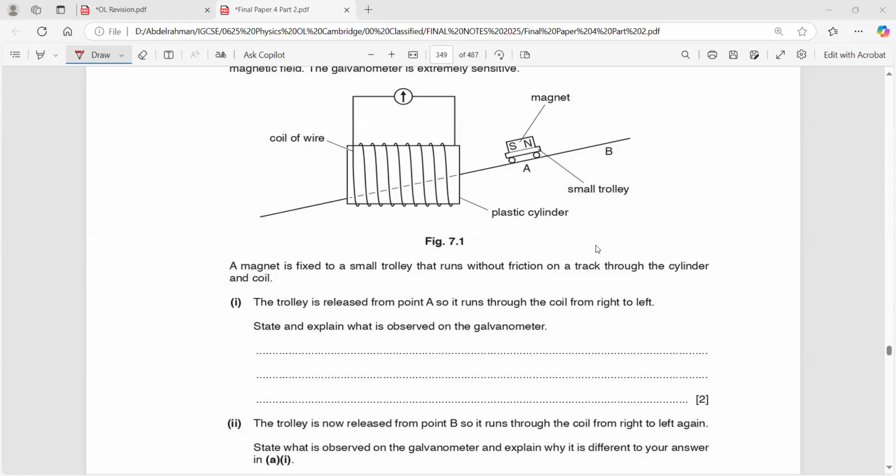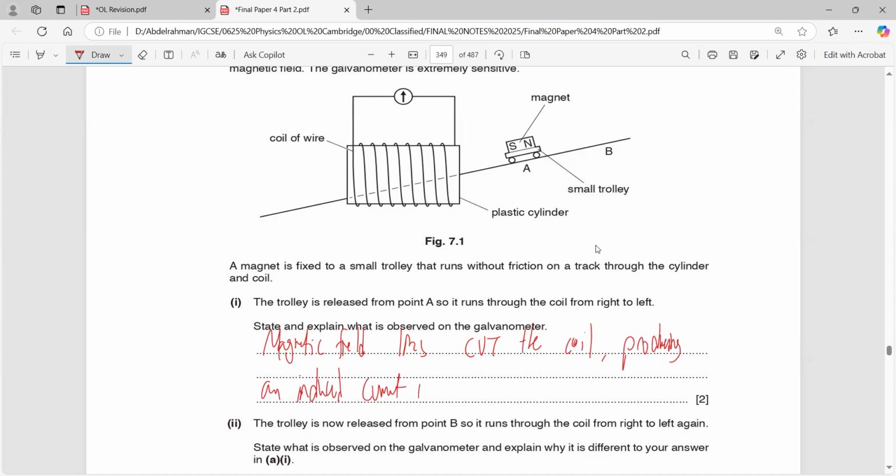So the magnetic field lines cut the coil, producing an induced current in the coil, and then we can say the galvanometer deflects.